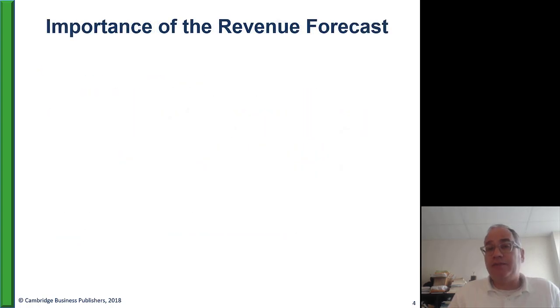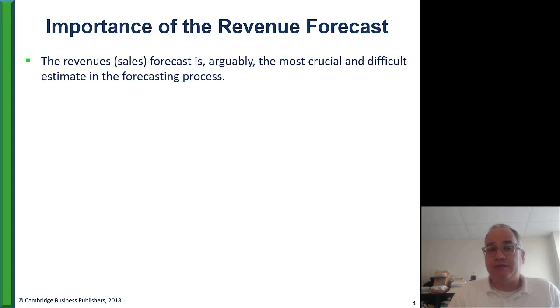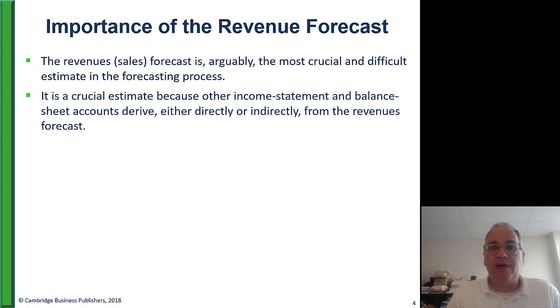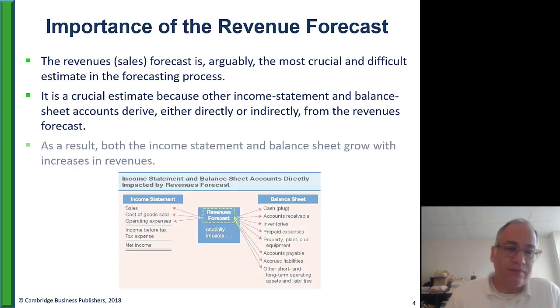The first step is the revenue forecast. And this is the most difficult, and everything comes from your forecast of revenue. So what you need to do is look very closely at what you expect to happen to future sales. And then from this, you're going to be able to estimate the full income statement, the balance sheet, and the cash flow statement.